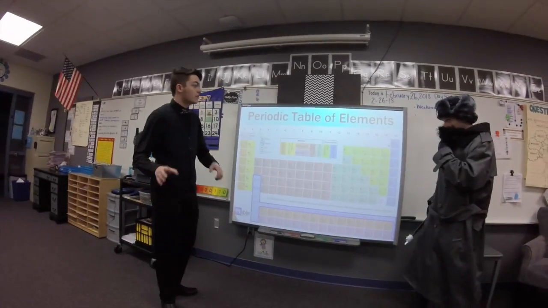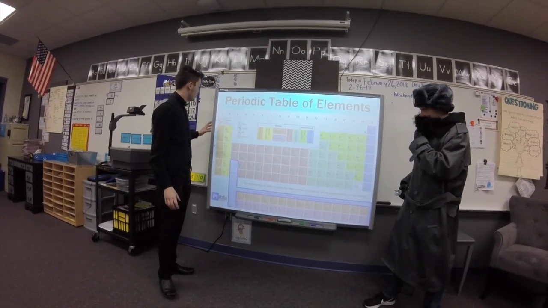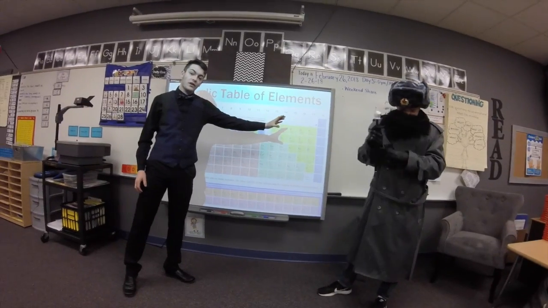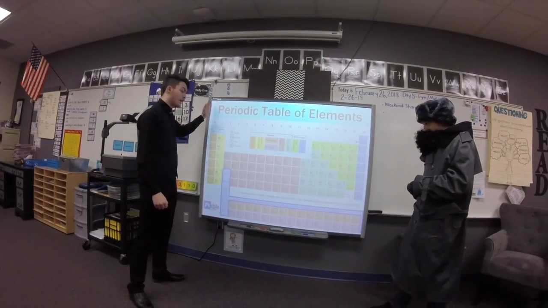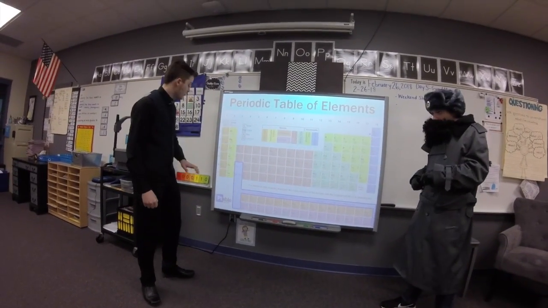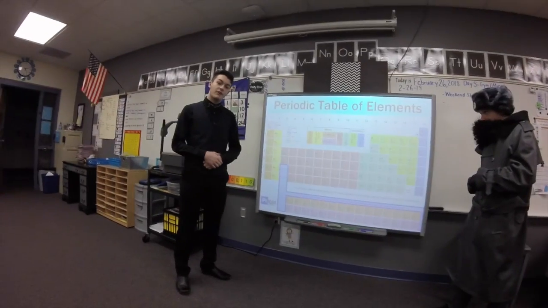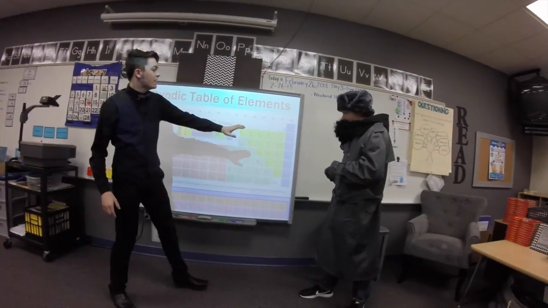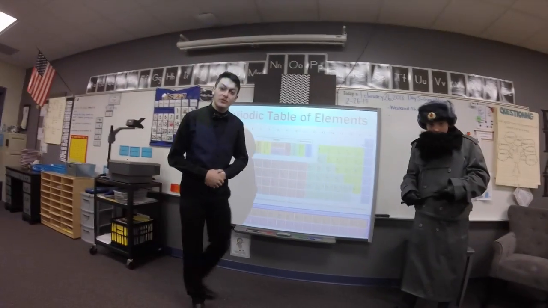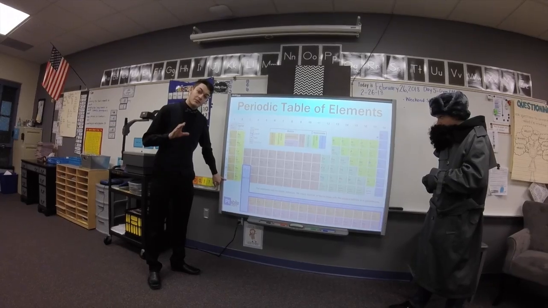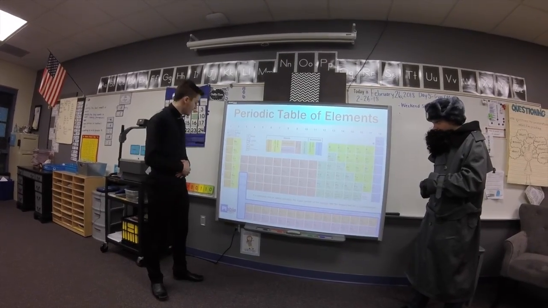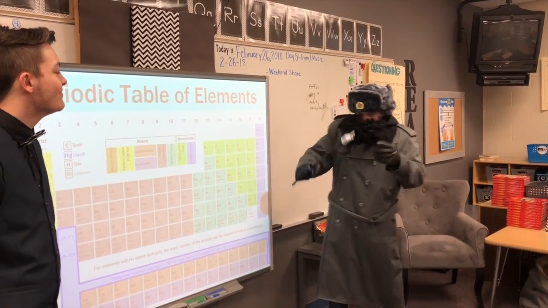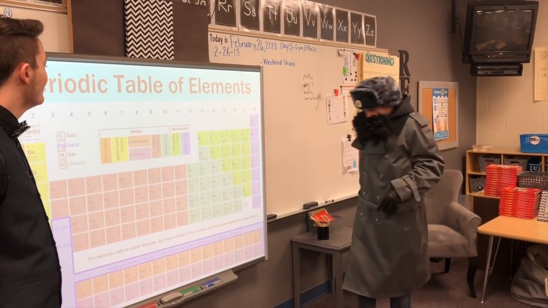And to explain one of the trends, atomic radius, it will decrease when going from left to right across the periods, and increase going down the groups. So down here by francium, you would find your biggest atomic radius, and over here by helium, you would find your smallest. This is because the fewer protons in here have a weaker attraction to the larger shells than they do over here, making it smaller. So, next, we have electronegativity.